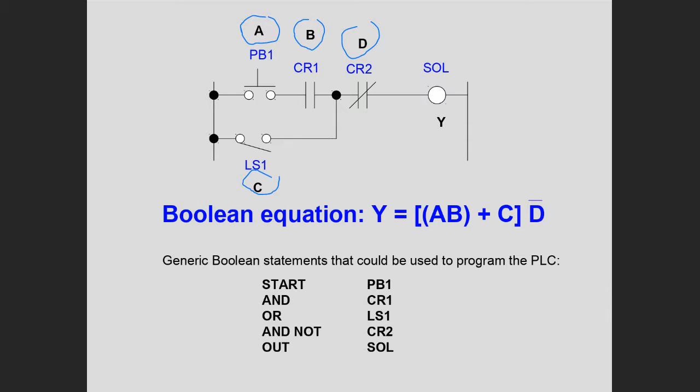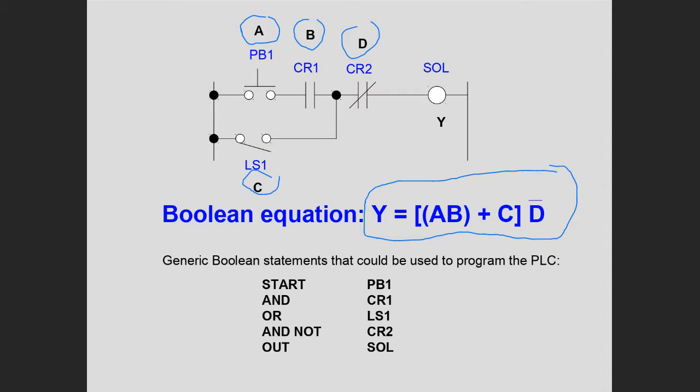That AND combination of A and B is ORed with C, and then that combination of variables is ANDed with D. And so here's the expression that you might come up with if you convert the ladder to Boolean logic.